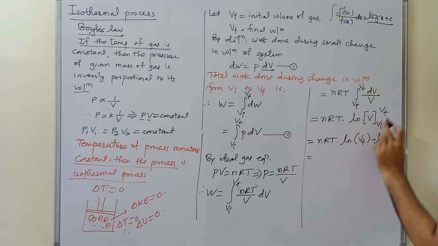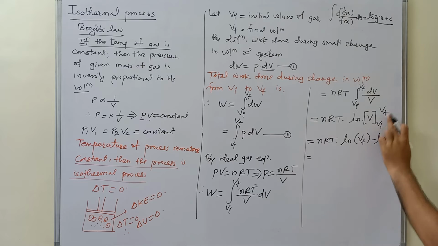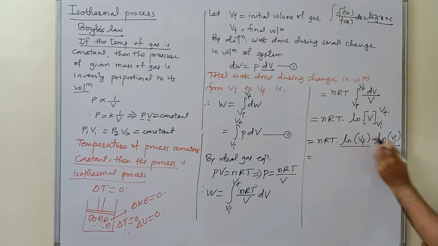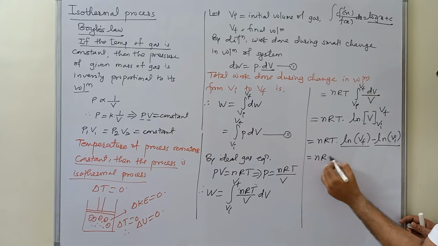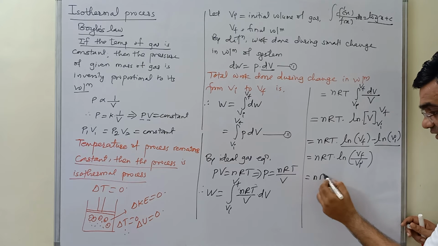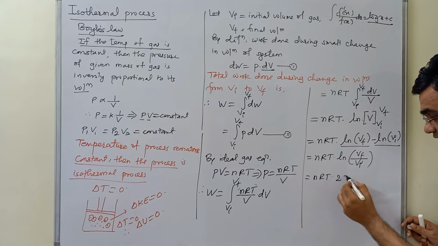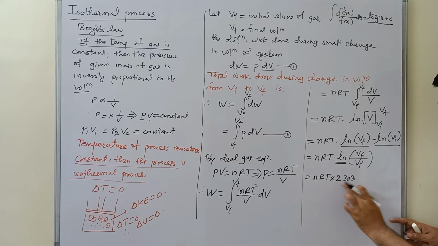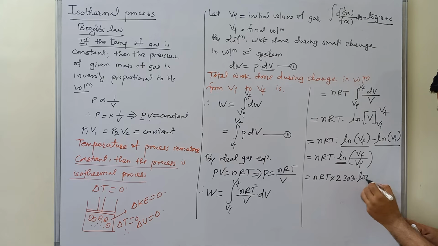According to the rules of integration, upper limit minus lower limit, and since it is like log m minus log n, it is nRT into ln of Vf upon Vi, or nRT into 2.303 times, since ln has base e, in decimal form log of Vf upon Vi.